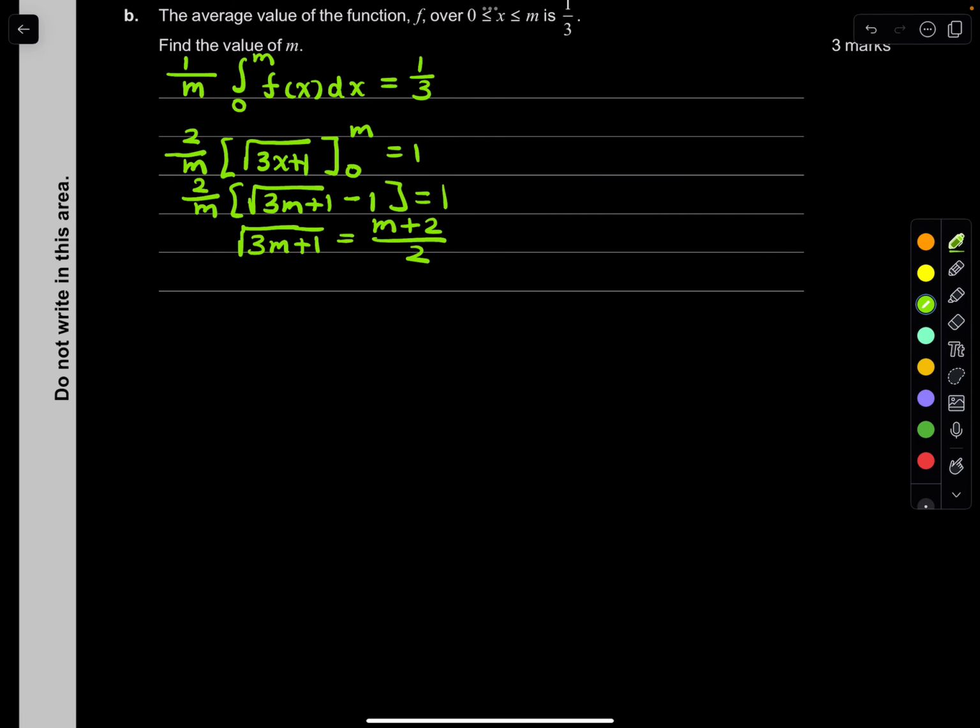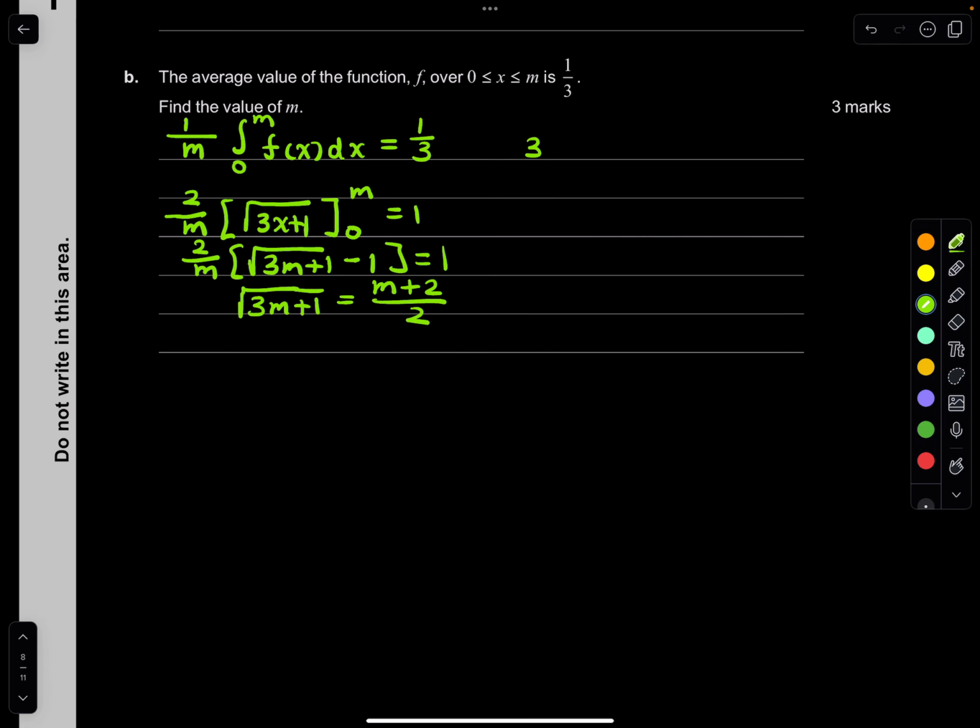So I'm going to square both sides to get rid of that square root. So m plus 2 over 2, the whole thing squared. Let me just draw it. M plus 2 over 2, and you square it, which will become m squared plus 4m plus 4 all over 4.